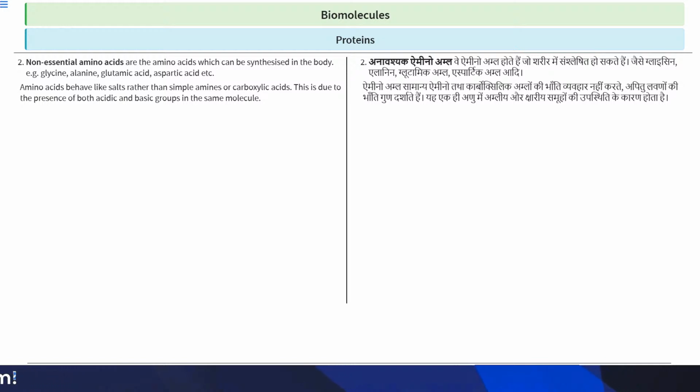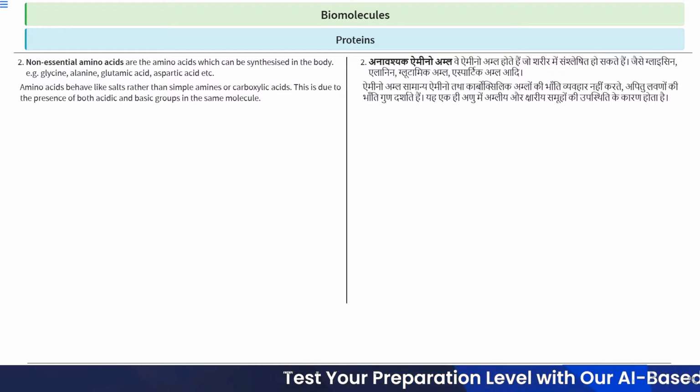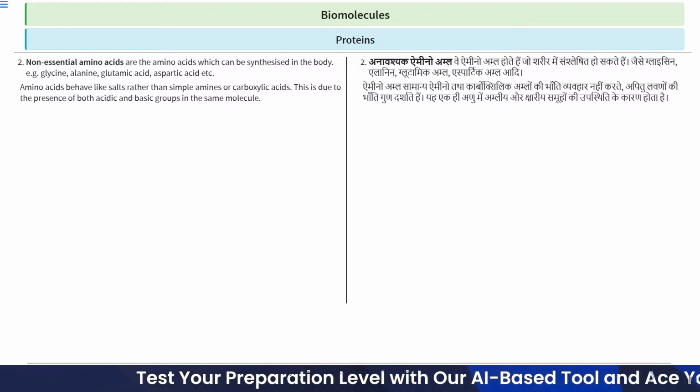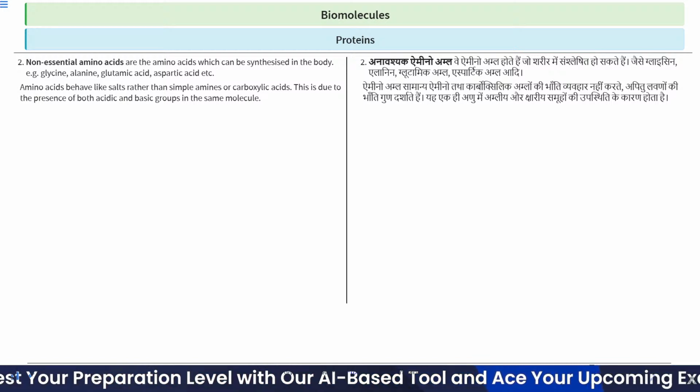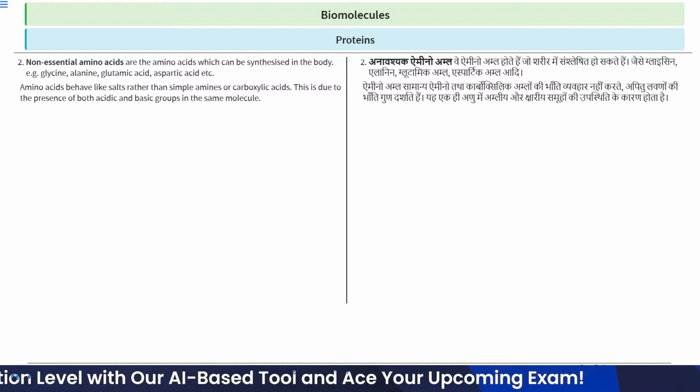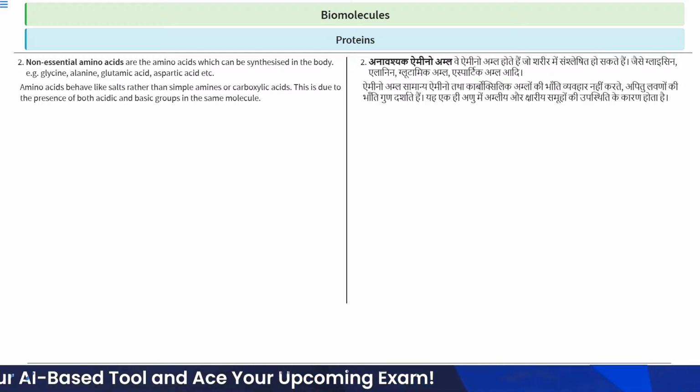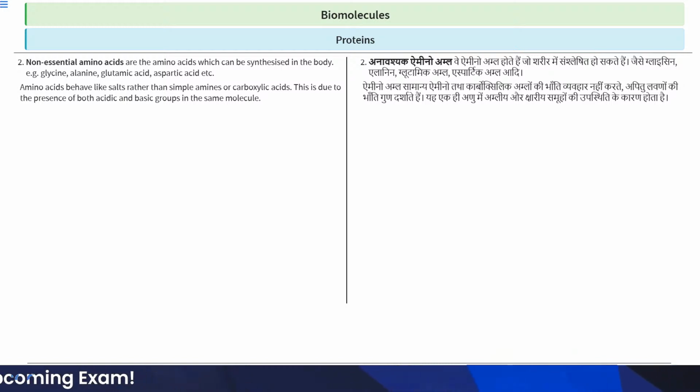Amino acids behave like salts rather than simple amines or carboxylic acids. As we discussed, amino acids have both the acid group and the amino group, so they behave like a salt and not like simple amines or any carboxylic acid.